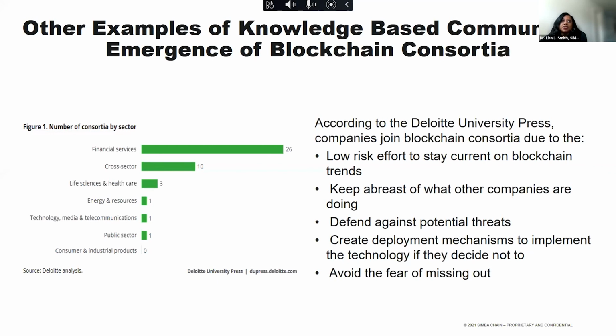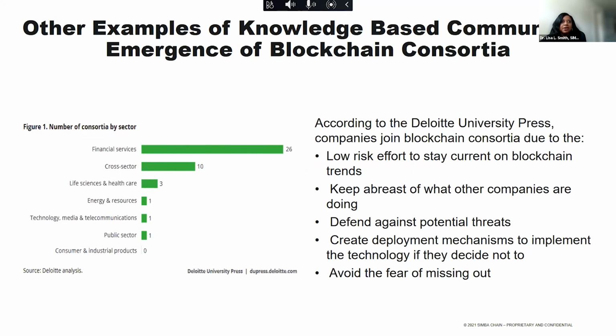Some examples of concepts that have emerged from consortia are a digital trade chain, which is used to facilitate cross-border trade for small and medium-sized businesses, and Hyperledger, an open source, advanced cross-industry blockchain technology. Both were formed within the context of consortia used in the implementation of blockchain adoption.